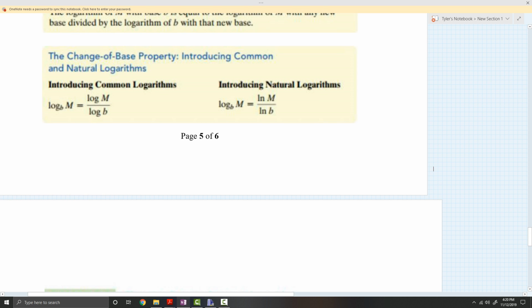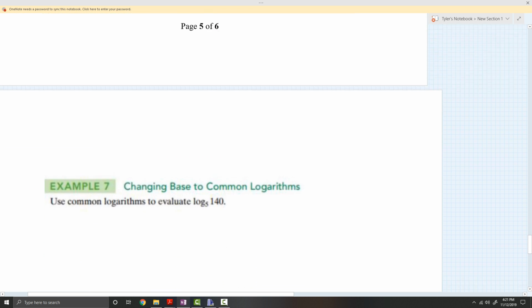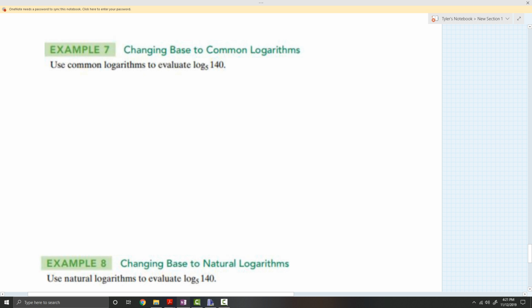So if you have log base b of m, that's equal to log of m divided by log of b, or log base b of m is also equal to the natural log of m divided by the natural log of b. So we're going to use these two items a lot, so you definitely want to be familiar with those properties. You want to be familiar with all of them, but some of those we might use more than others. They might come up more.